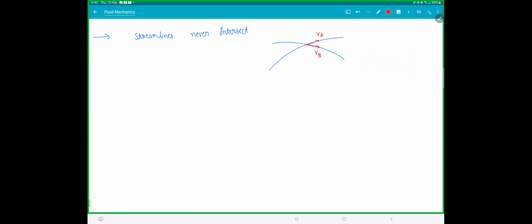That means the particle will have two different velocities. A particle cannot have two velocities at the same instant. Therefore, two velocity vectors, so you can't go along VA and VB at the same time.